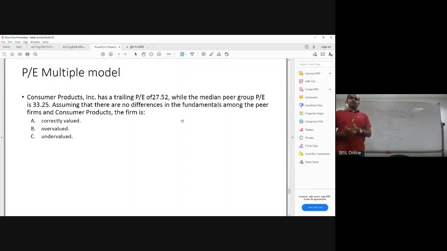Consumer products has a trailing PE of 27.52, while the median peer group PE is 33.25.